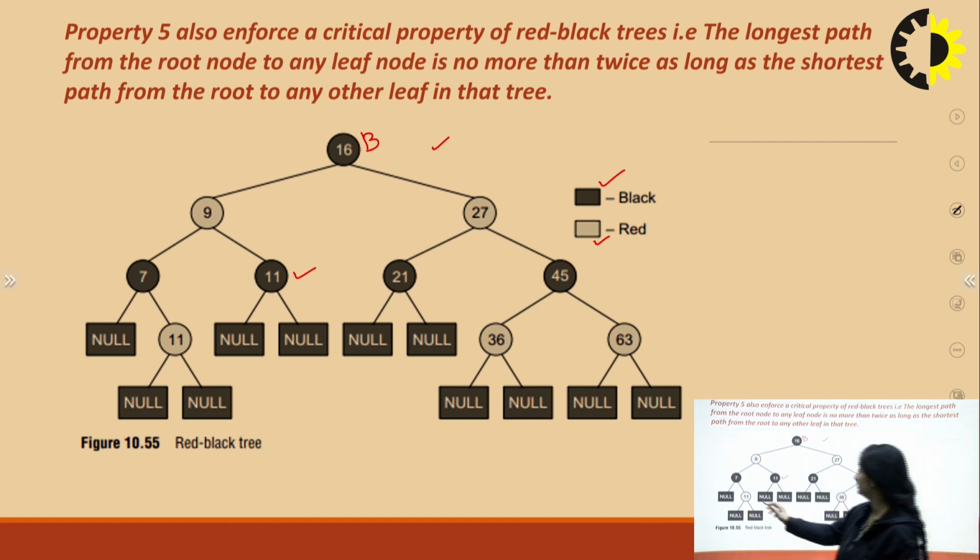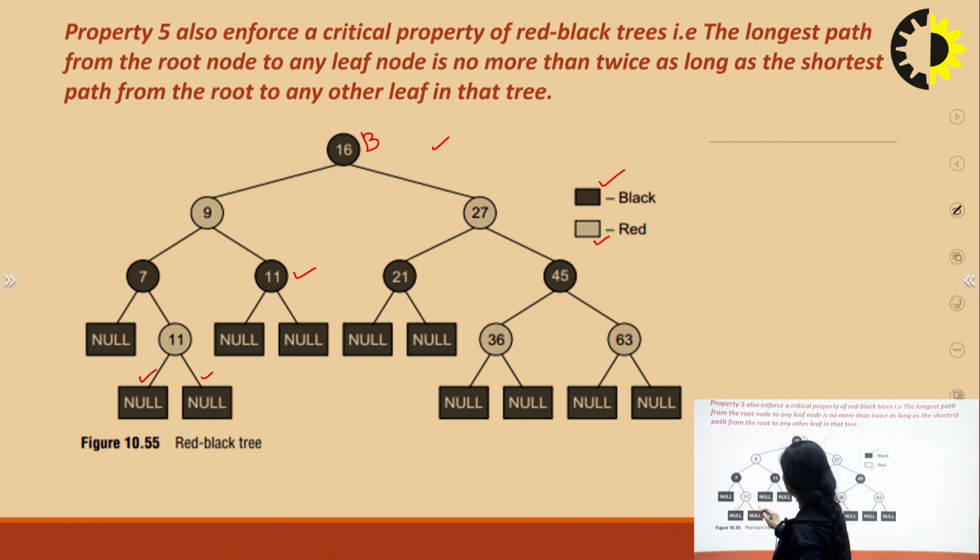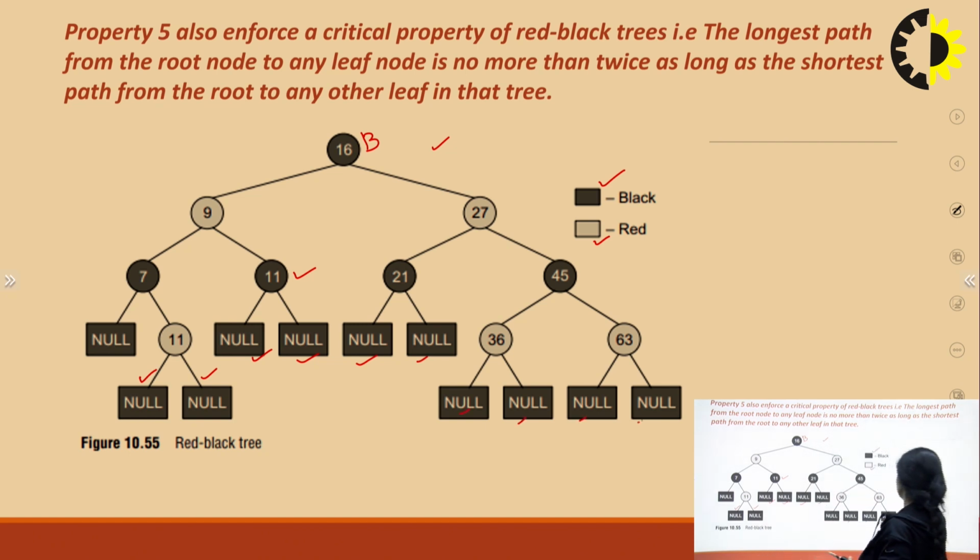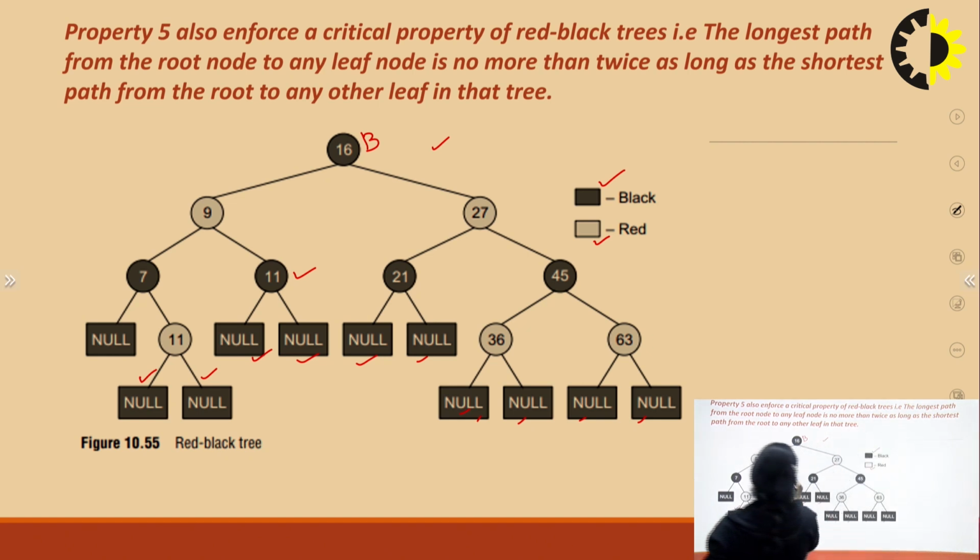Like this, this node has two children which are in black color. And every leaf node is always of black color. All leaf nodes, these null nodes, are in black color. And the last property, the black height will be the same for every leaf node from any node.